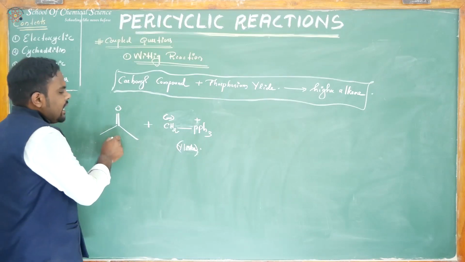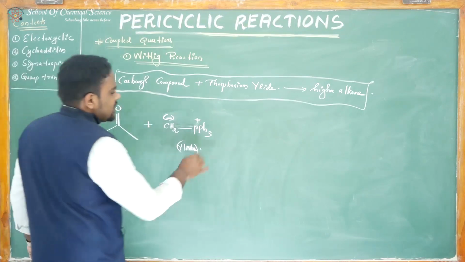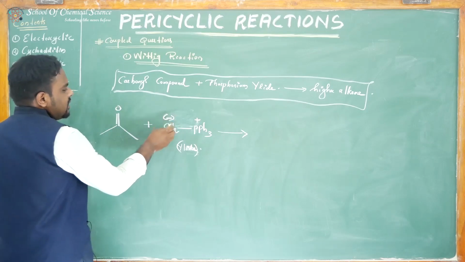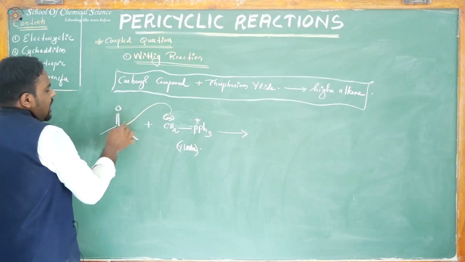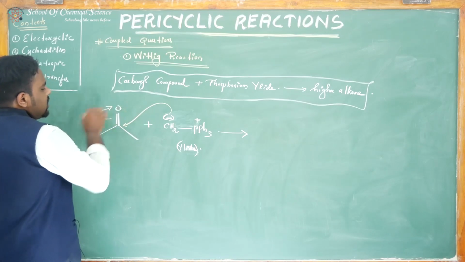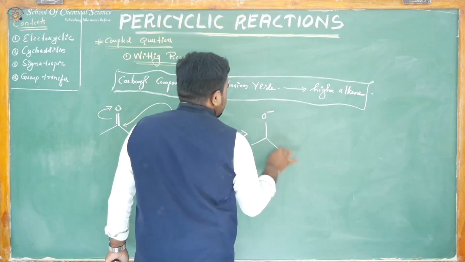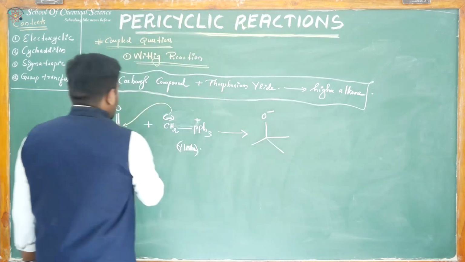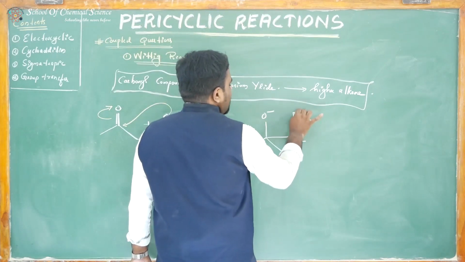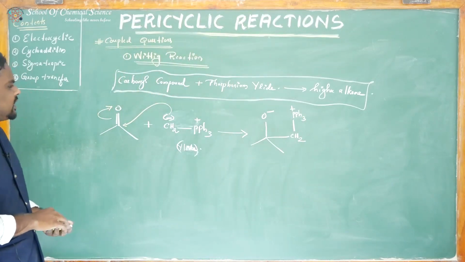So a carbonyl compound plus phosphonium ylide. What is the type of reaction? This electron pair attacks the carbonyl carbon, which is an electrophilic carbon. The pi bond shifts towards oxygen, so you will get O minus, attached to CH2 which contains PPh3 plus. That is the first step.